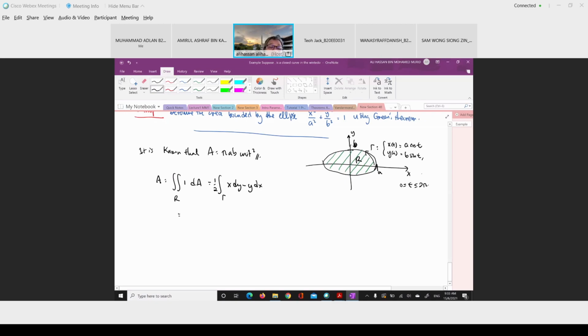Remember how to evaluate a line integral in this alternative form? We replace x by x(t), y by y(t), dx by x prime t, and dy by y prime t, everything multiplied by dt, with t from 0 up to 2 pi.